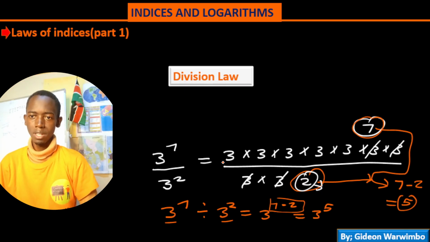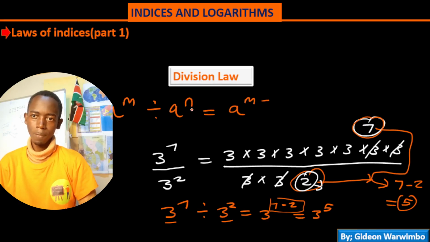And actually we can get a law out of that: when you've got a number like a to power m divided by a to power n, the result that we get is a to power, we take what was there in the first term power, which is m, and then we minus what is there in the second term power, which is n.